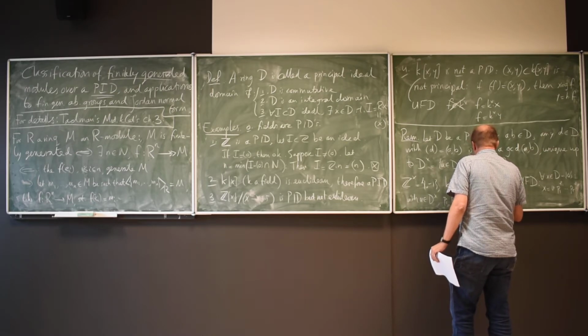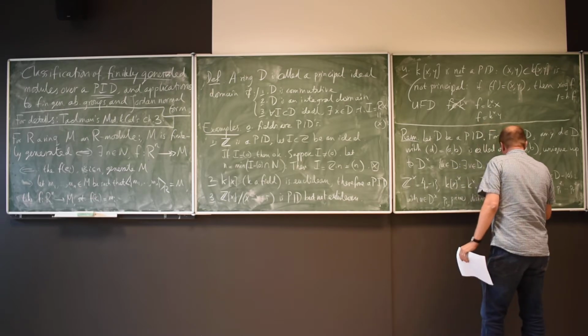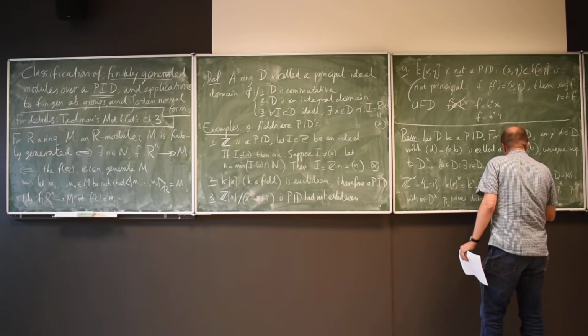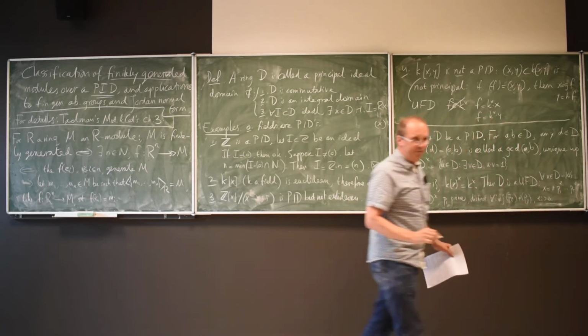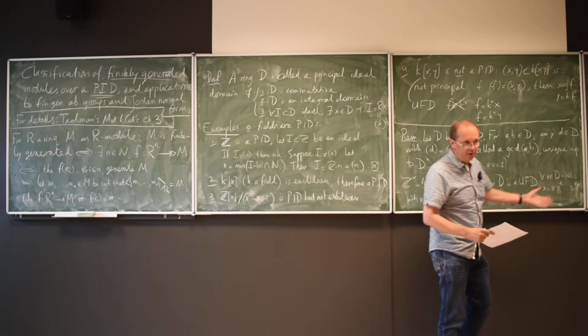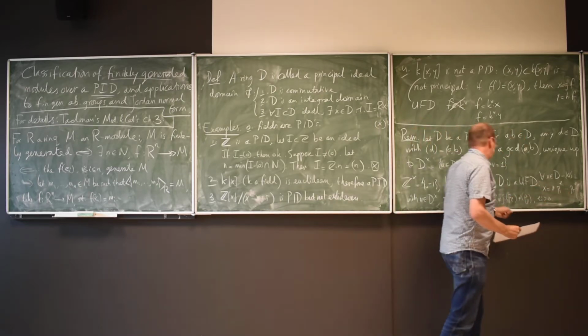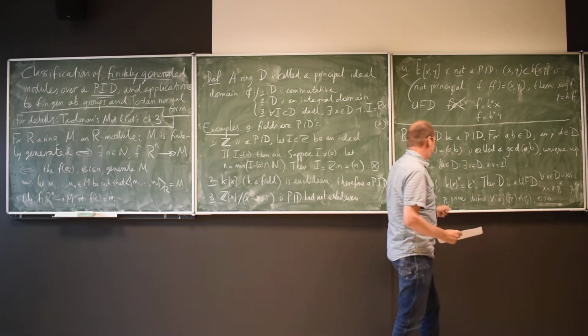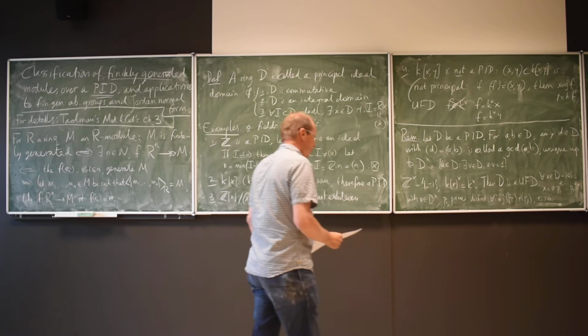Distinct means that for every i not equal to j, the ideal generated by pi is not the ideal generated by pj. And the ei are integers greater than 0. The way to write this is unique up to permutation of these primes, and up to units, because for the ideal you can have other generators up to unit multiples.